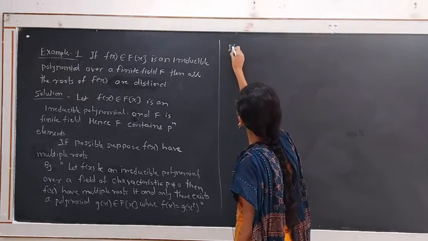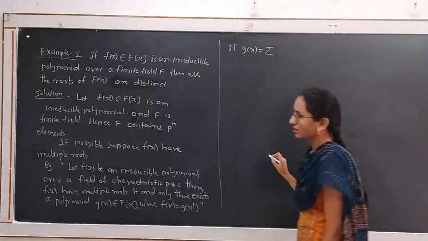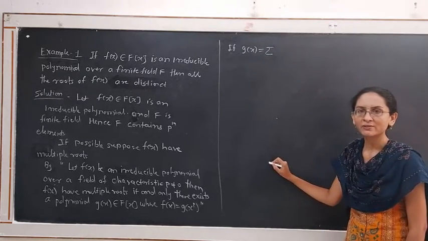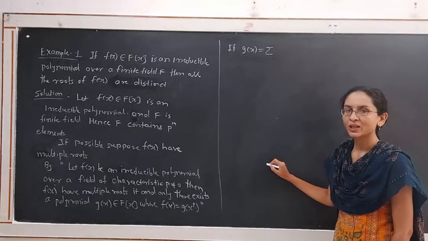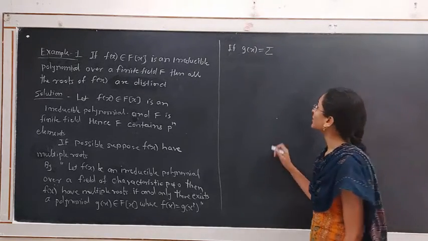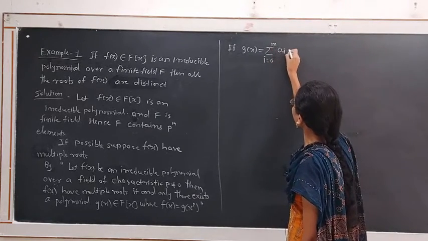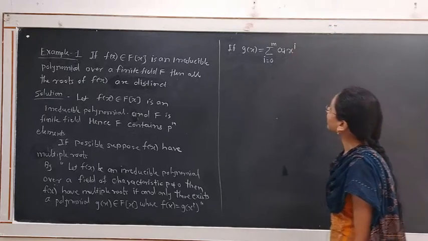Suppose the polynomial g(x) is a0 plus a1x plus a2x squared plus up to am x^m. We write that polynomial in summation form, i equal to 0 to m, ai x^i.